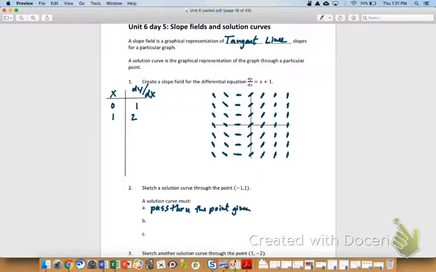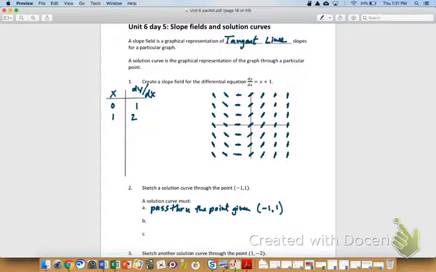We sometimes call that point the initial condition. We'll use that language a lot coming up in the future. So in this case, it must pass through the point (-1, 1). Hopefully that makes sense because it says sketch a solution curve through the point (-1, 1). It's got to pass through the initial condition.